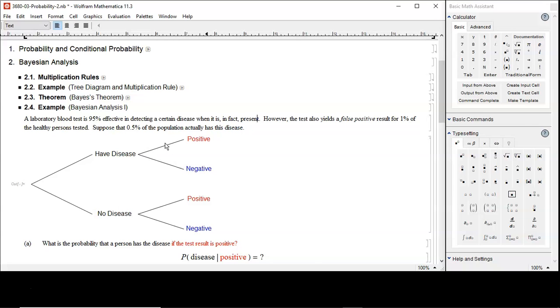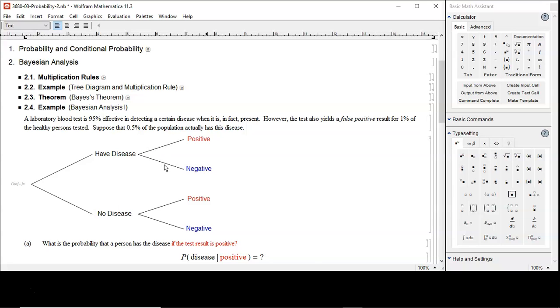So it's over here, not the other way around. So 95% here, we have disease and then detect it. And then the other 5% false negative. Make sense? So 0.5% automatically brings in 99.5%. Likewise, this 95% automatically brings in 5% as the complement probability.